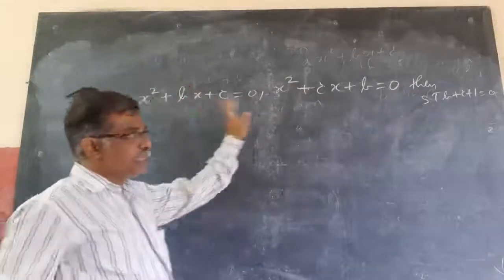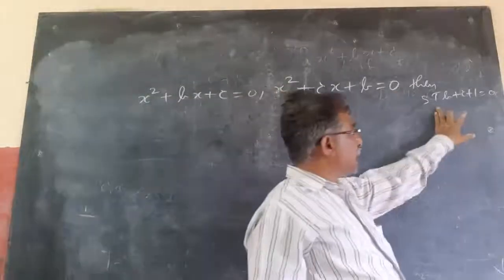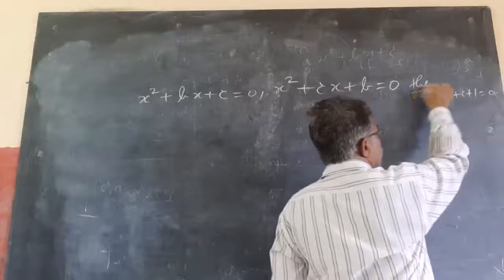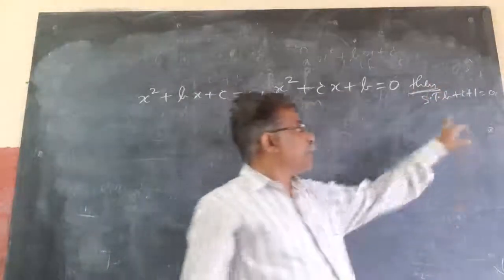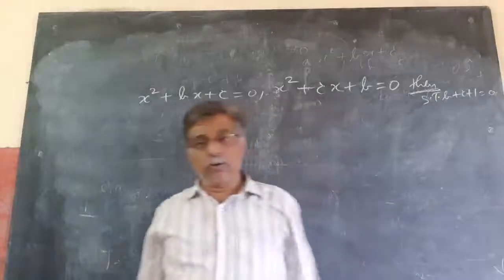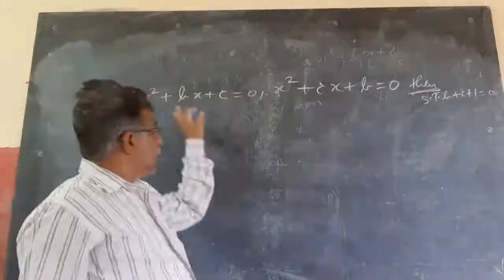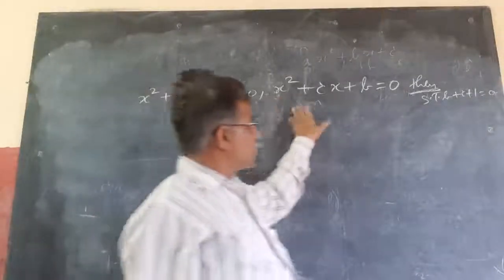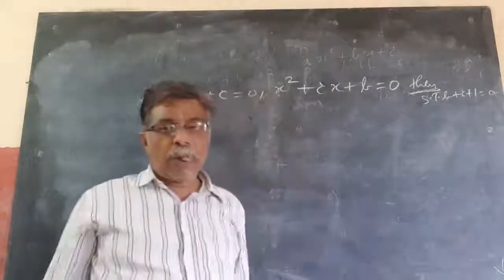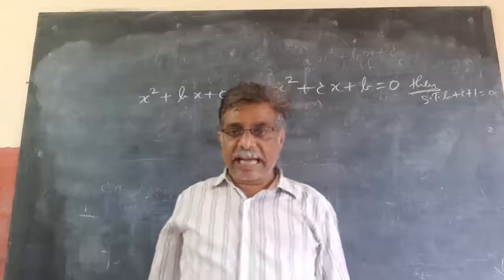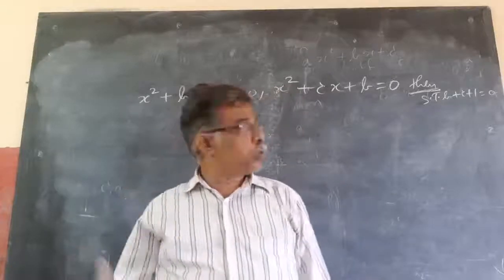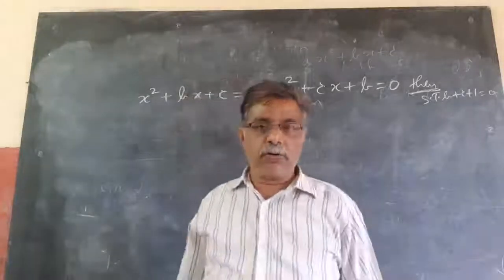If these two equations are having a common root, then show that b plus c plus 1 equal to 0.